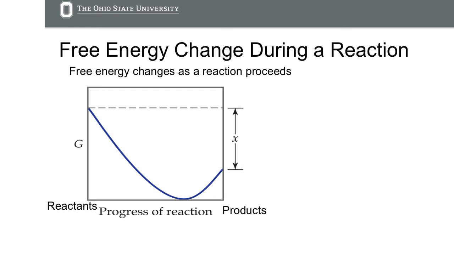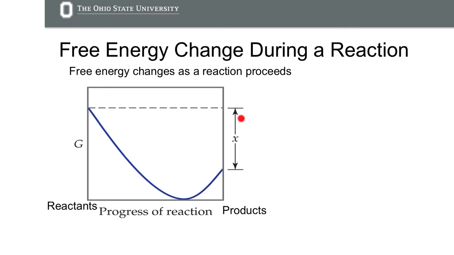The way this figure has been drawn, we start out with a high value of Gibbs energy. As the reaction proceeds, it decreases till it gets to a low point, and then there is some increase until we get to products.